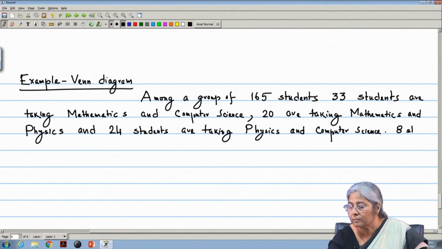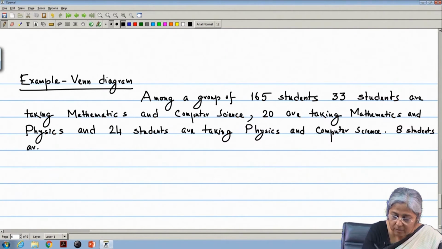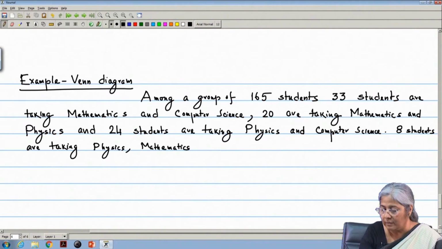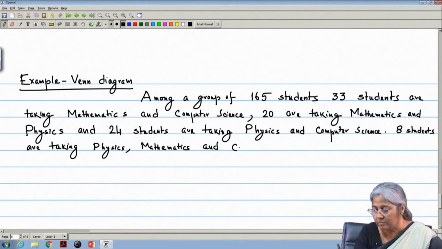Eight students are taking all three subjects, physics, mathematics and computer science.